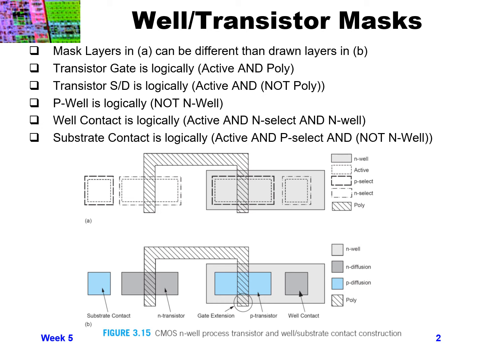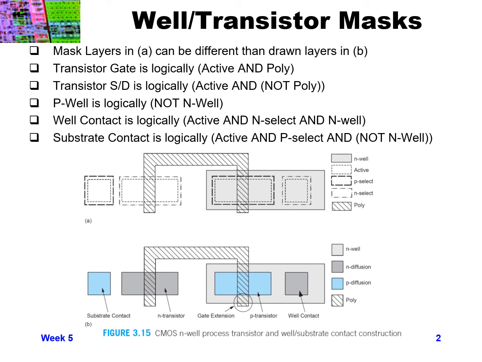Your transistor gate is logically the ANDing of your active layer and your poly layer. Your transistor source drain region is logically the ANDing of your active layer and not poly layer. Your P well is logically not your N well in this particular case. Your well contact is logically the AND of active and N select and N well.